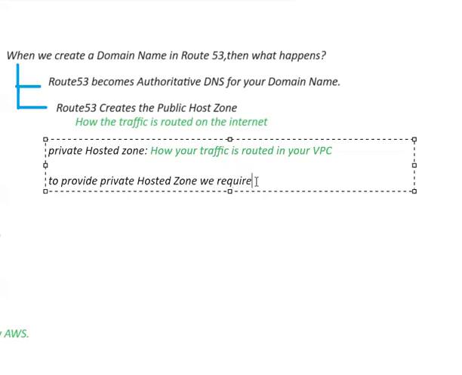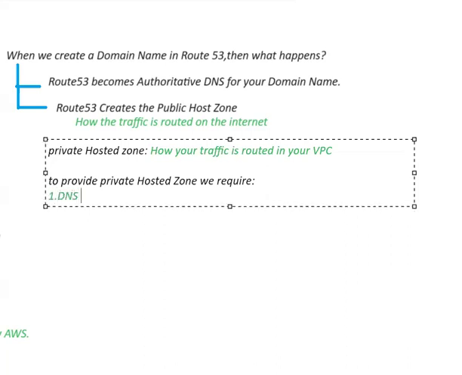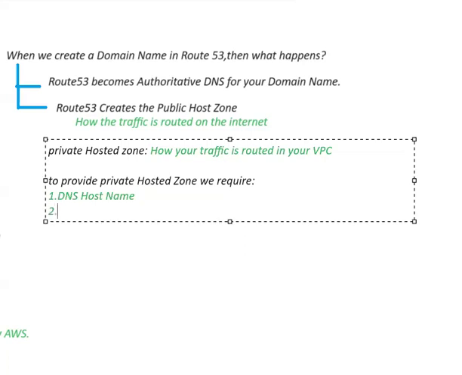The first one is DNS hostnames, and the second one is DNS support. These are the two things that we must require to host anything, any IP address, in your private zone.